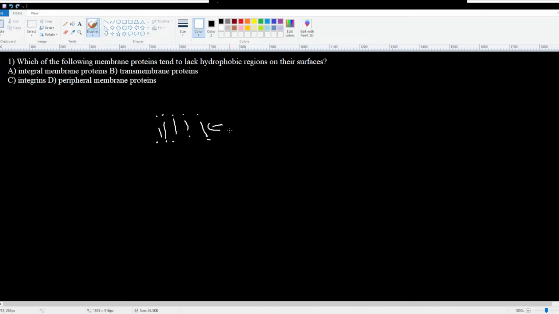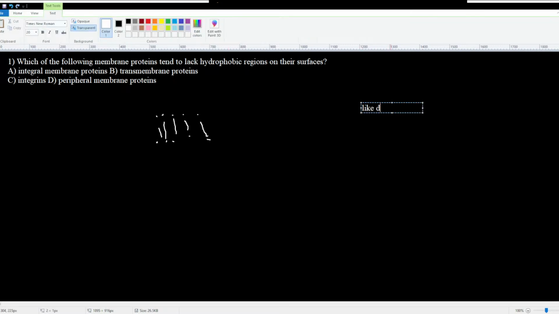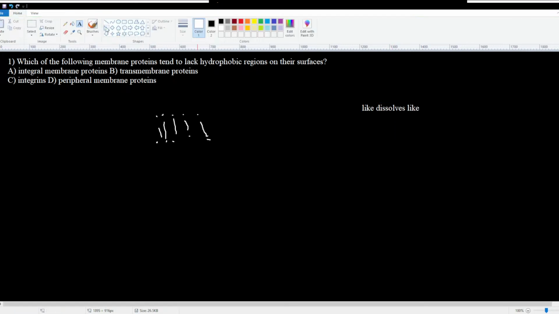It's not going to want to be on the inside, because if it had hydrophilic regions on its surface and it was on the inside, that wouldn't work, because remember, as a principle, like dissolves like. In this case we're not really dissolving anything, but it's still important to note that like mixes with like, because a hydrophobic region is not going to mix with a hydrophilic region. It's just not going to work, right?